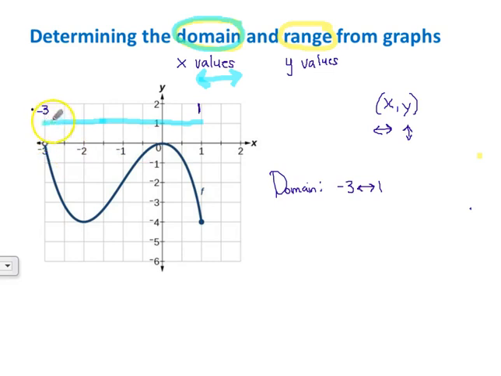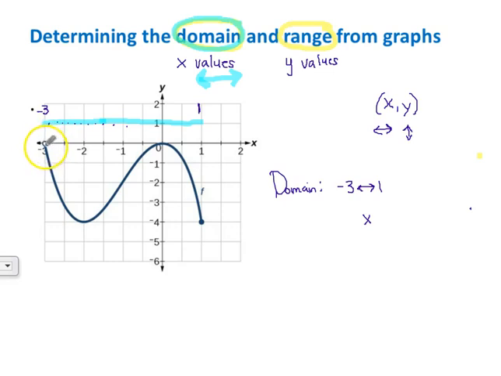So our x values can be anywhere from -3, any point, all the way to +1. But in math, we're going to write that notation a little bit differently. We're going to pull from Unit 1 and use an inequality to show that our x values can range anywhere from -3 to +1. But we're not quite done yet.